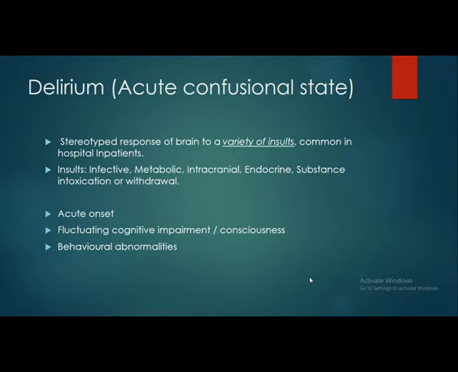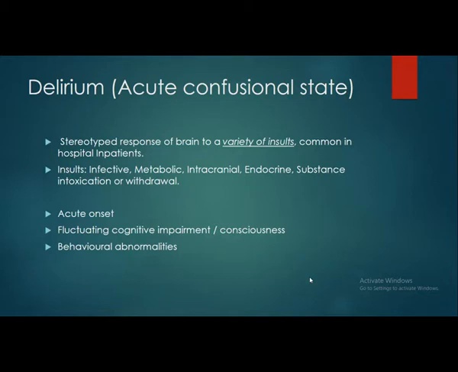It could be intracranial, if somebody has gone through a cerebrovascular accident, or there are some endocrine issues like hypoglycemia, hyponatremia, and in case of substance intoxication or substance withdrawal. These are all insults that, when they happen to the brain, the brain responds, and that's quite common in hospitalized inpatients.